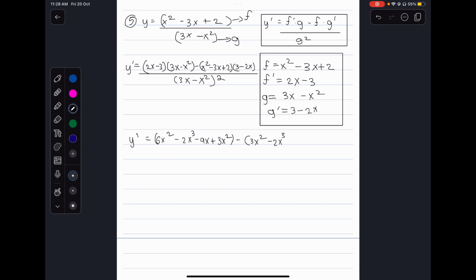Negative 3x times 3 is negative 9x. Then (3x minus x squared) to the power of 2.